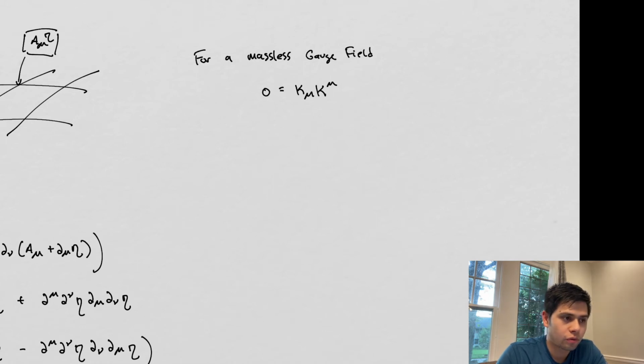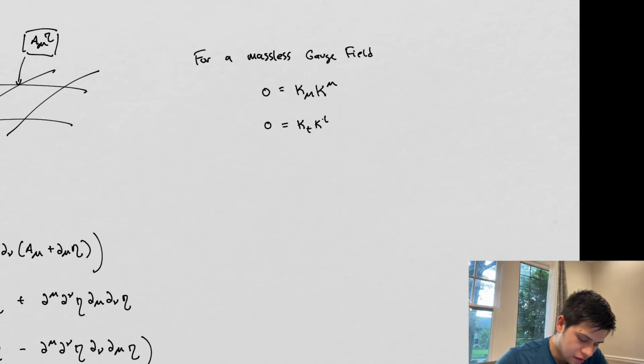And so what does this mean? Well, this means that 0 is equal to kt squared minus kx squared minus ky squared minus kz squared.